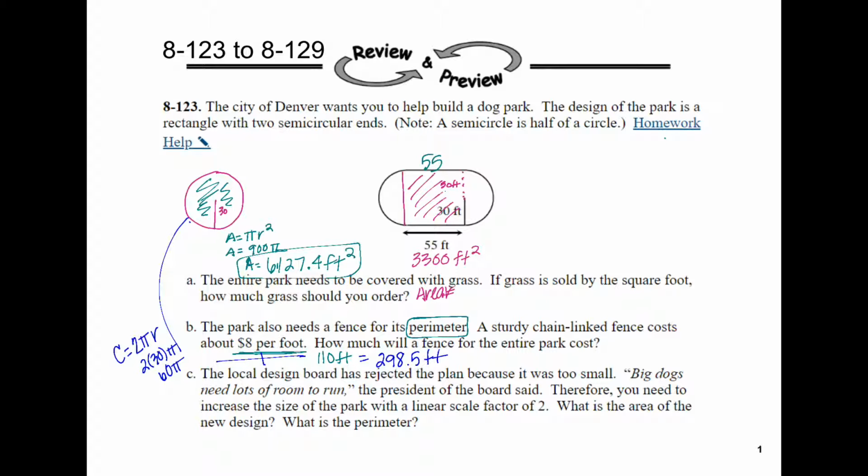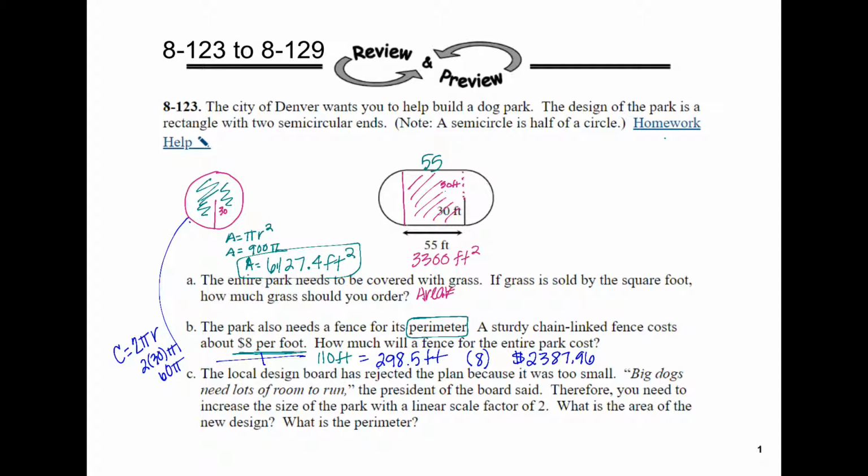It then told us that it was $8 per foot. So if we multiply that by $8, the entire cost would be $2,387.96. So we could say that it is approximately $2,388.